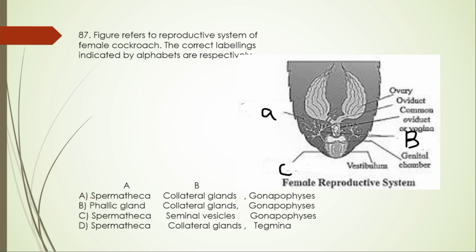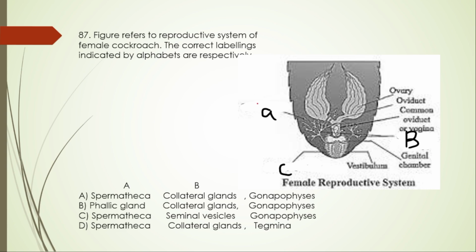Next, 87th one. The figure refers to the reproductive system of the female cockroach. The characters labelled by alphabets are respectively. Here, what is this?